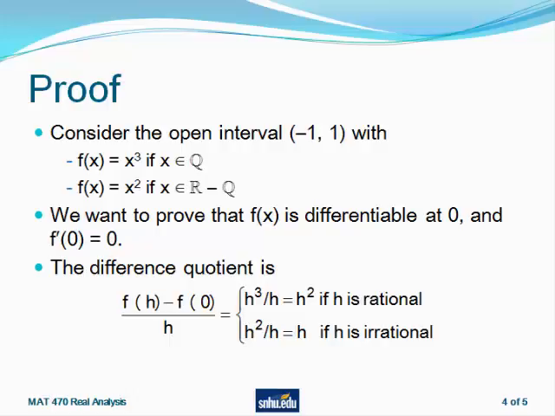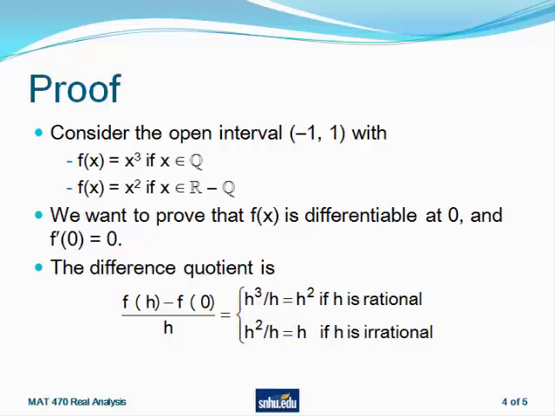To prove that f of x is differentiable at 0 and f prime of 0 equals 0, we need to look at the difference quotient, f of h minus f of 0 divided by h. Now this difference quotient is different for rational h and irrational h, because the function f is different.